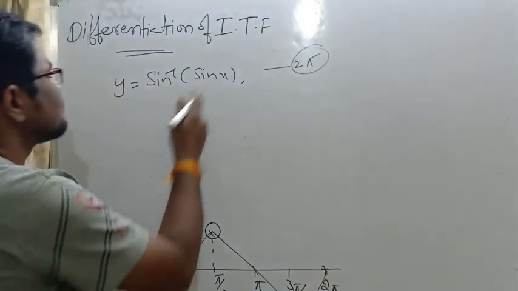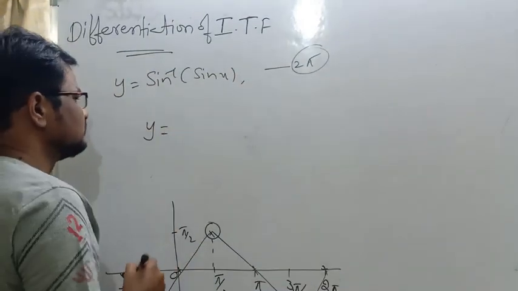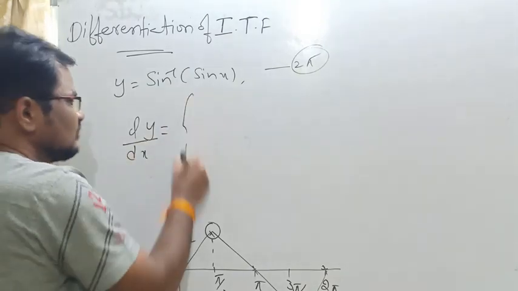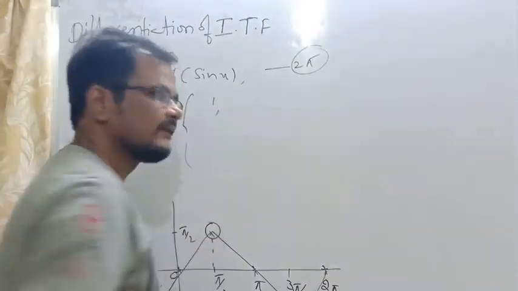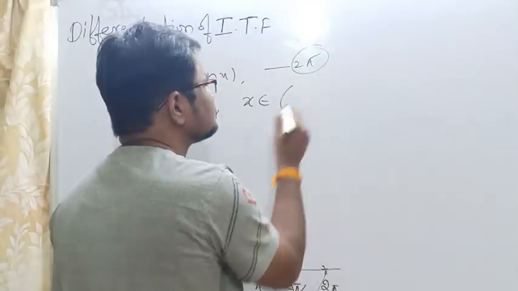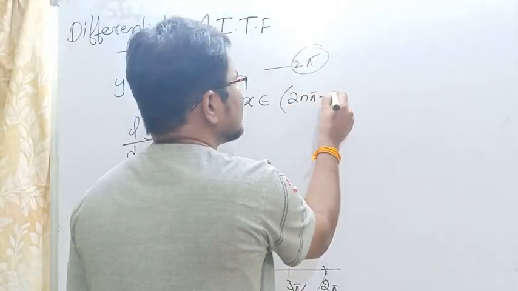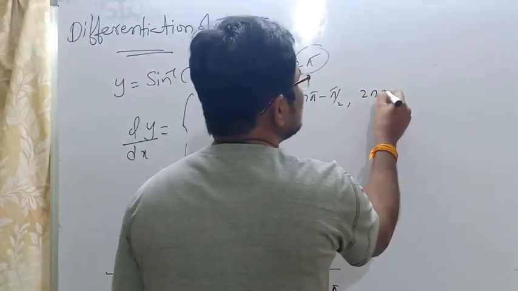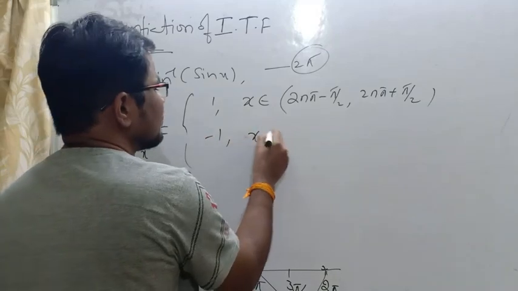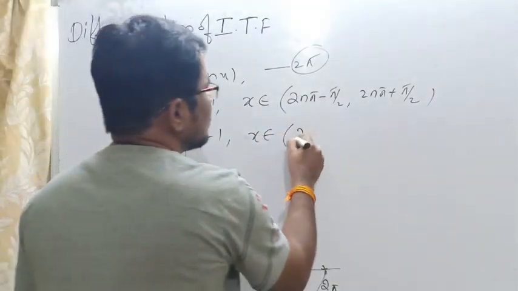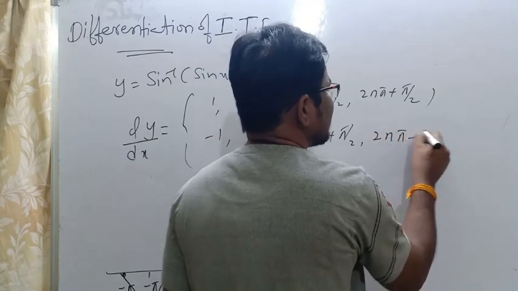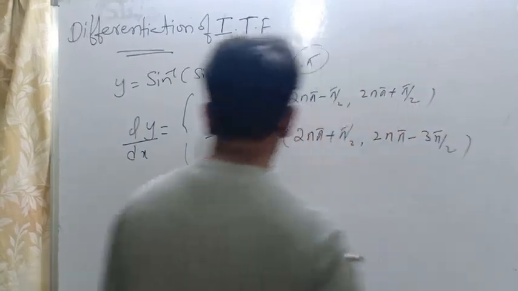So dy by dx is equal to 1 when x belongs to 2n pi minus pi by 2 to 2n pi plus pi by 2, and minus 1 when x belongs to 2n pi plus pi by 2 to 2n pi plus 3 pi by 2.